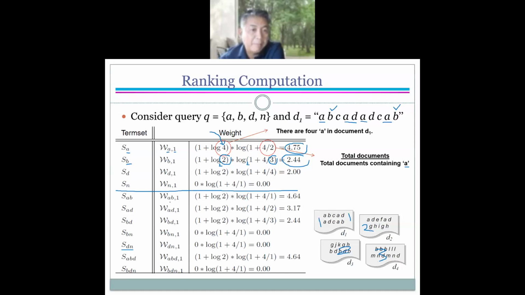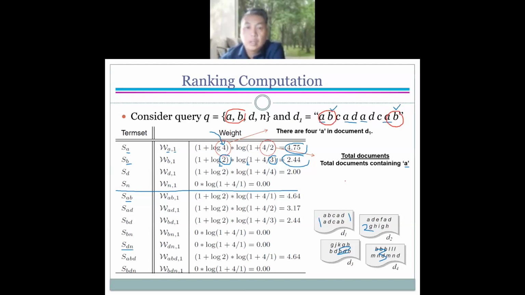Let's take a look at AB here. Let me choose a different color. So AB. So we have AB in document 1. Okay, so this is AB. So we want to look, okay, 1 time and then 2 times.